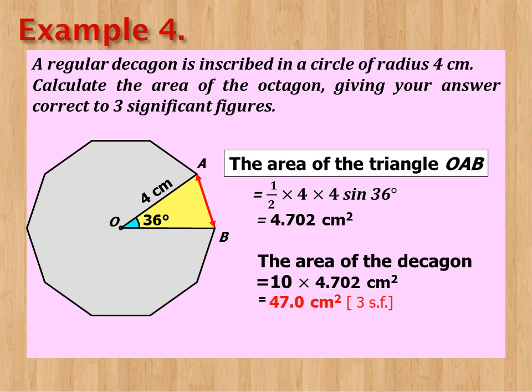Now this decagon has 10 sides, and therefore it has 10 such triangles, each of area 4.702 centimeters squared. So the area of this regular polygon with 10 sides is 10 times the area of one triangle. So it is 10 times 4.702, and that will give you 47 centimeters squared.